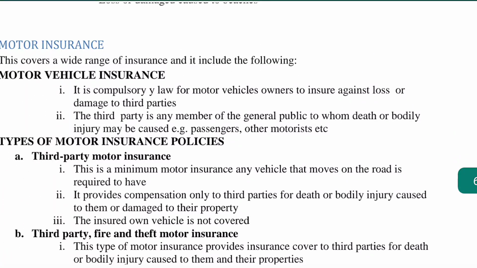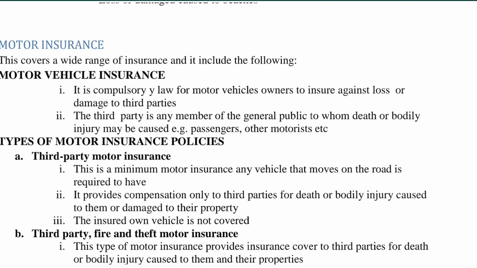Then we have motor insurance. This covers a wide range of insurance, and it includes the following. Number 1, motor vehicle insurance.